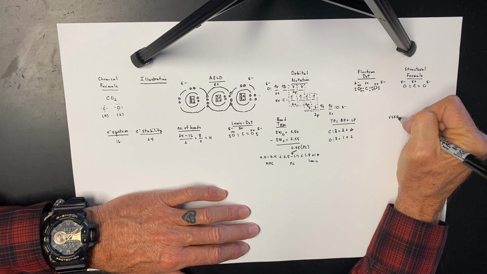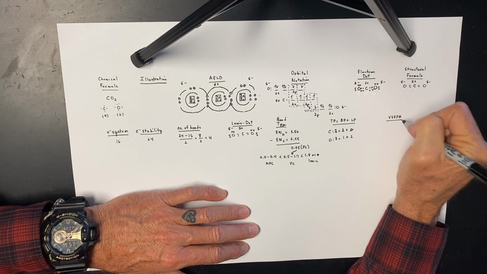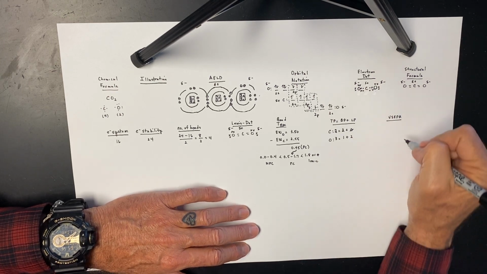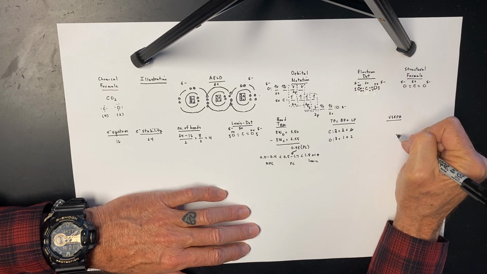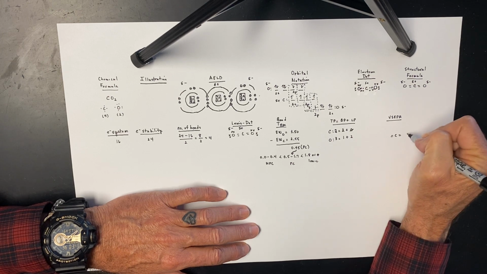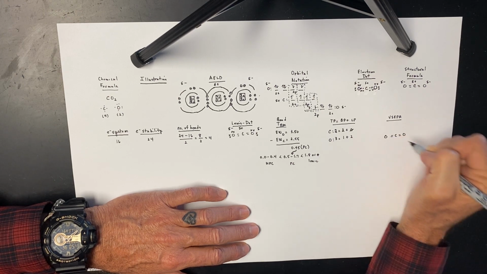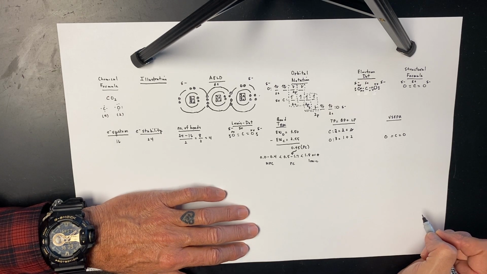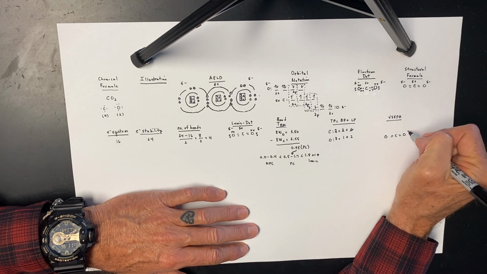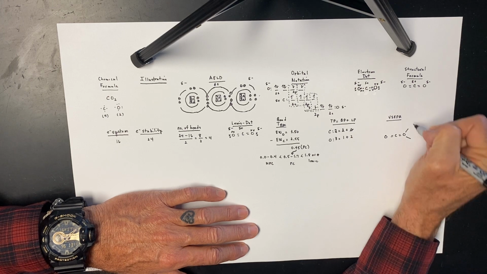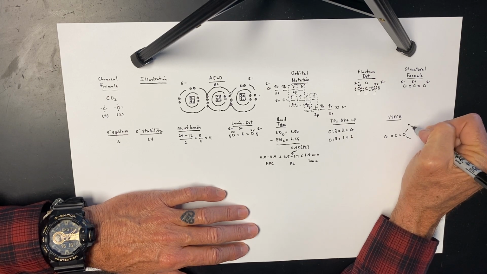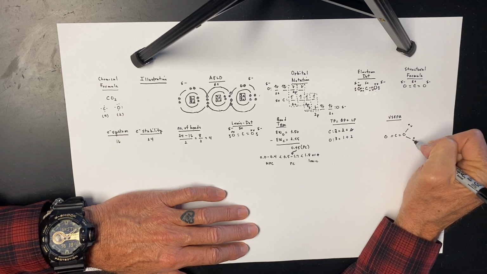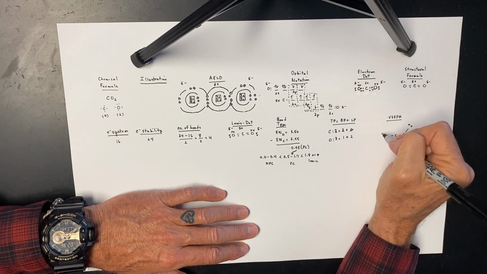So in consideration of valence shell electron pair repulsion theory, we're going to predict that two total pairs of electrons around carbon predicts a linear arrangement of those electron pairs. And 3 total pairs around each oxygen predicts a trigonal planar arrangement.